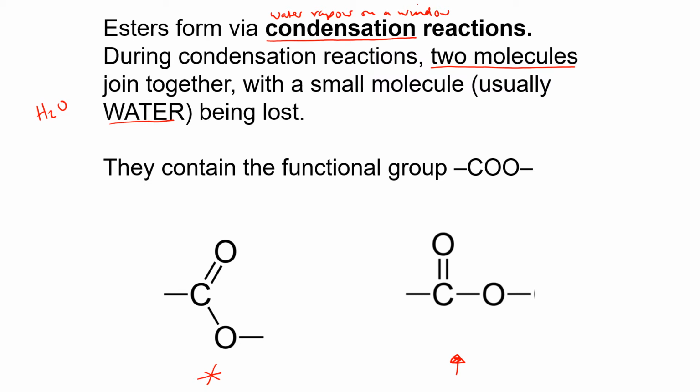To make it an ester, what attaches on each end is normally carbons, and the carbons will have hydrogens around them as normal, but that makes it an ester as opposed to a carboxylic acid.